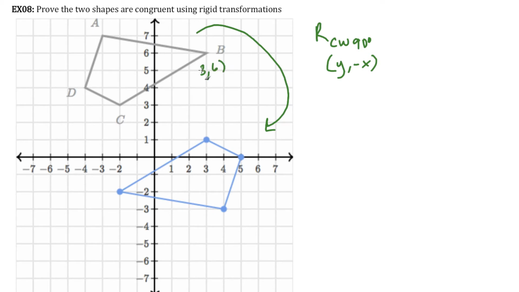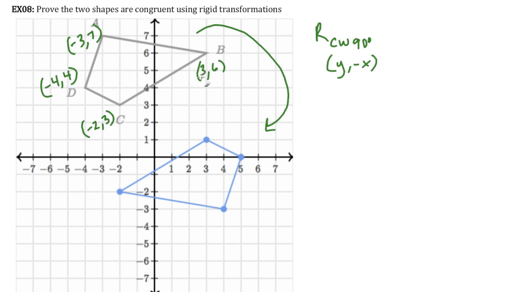So I'm gonna grab these points, or identify them. 3, 6, negative 4, 4, negative 3, 7, negative 2, 3. Okay. Let's rotate these.